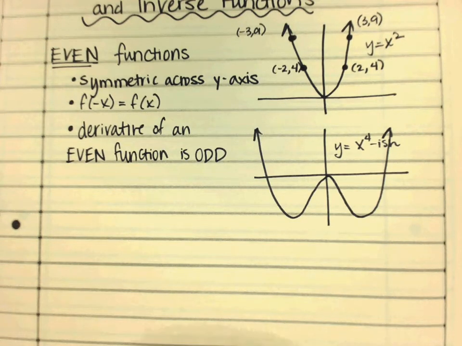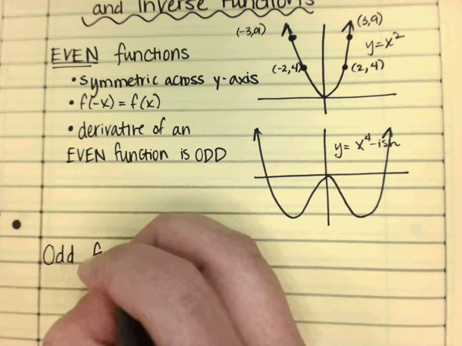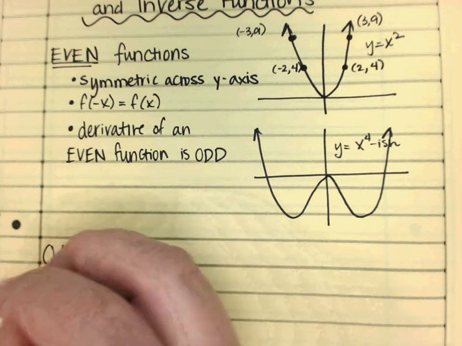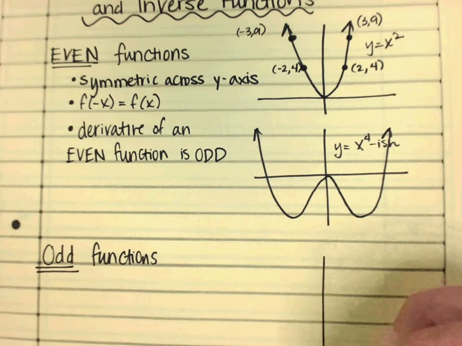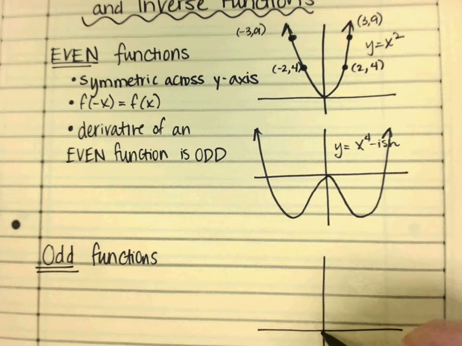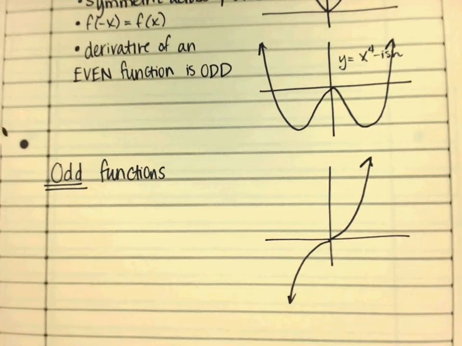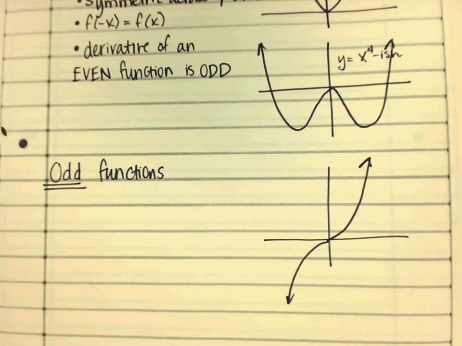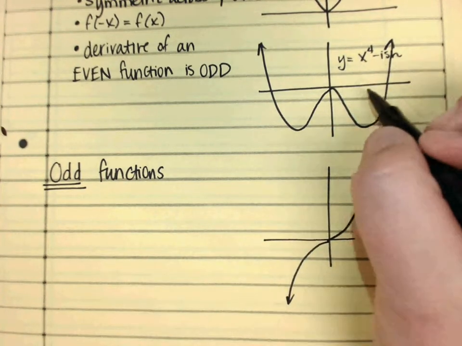So, new little chart thingy. Okay, odd functions. If x squared is even, what would be an example of an odd function? X cubed. And actually, too, I meant to draw on this little fourth power. Let's say that f of a is here.